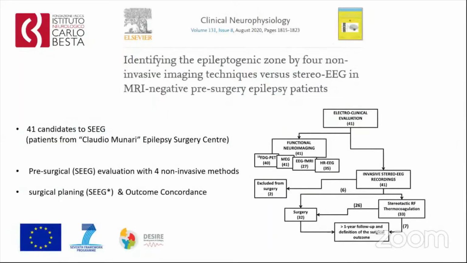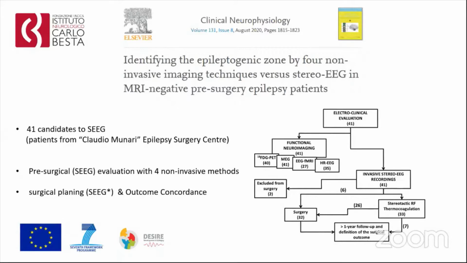We tried four separate non-invasive methods, very well used: PET, MEG, EEG, and EEG-fMRI, to find out what combinations can be useful for the best outcome of all the patients considered. We started with the worst patients, with no MRI lesion available.